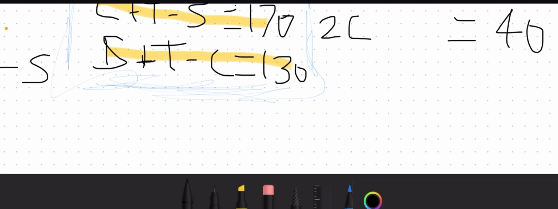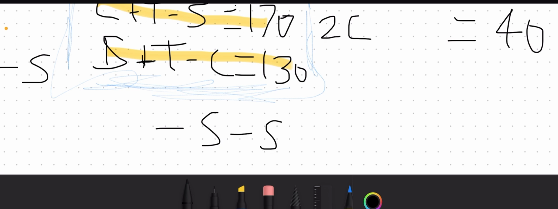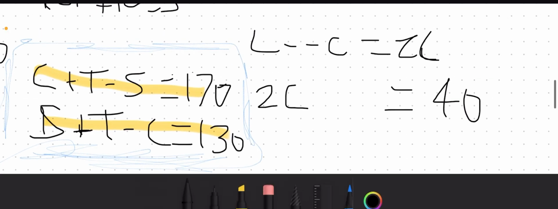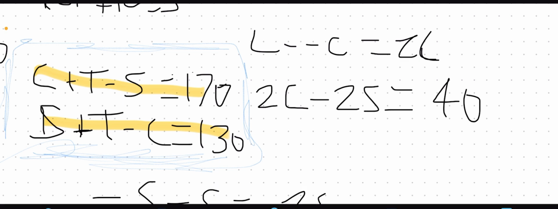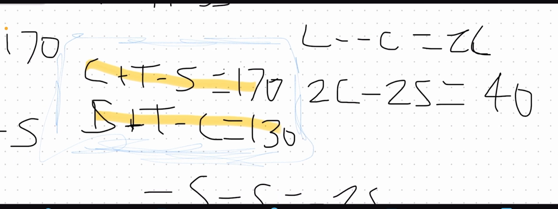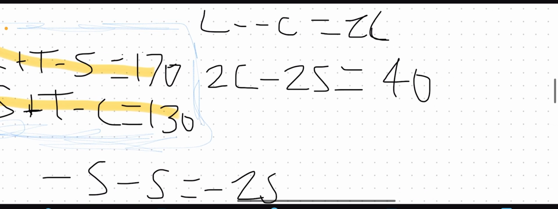In the top equation, as you can see, we have a negative S, and we're subtracting another S. Well, that's just going to be negative 2S. And then lastly, if we have a table and we subtract a table, anything minus itself is just 0, so we're just going to ignore the tables.